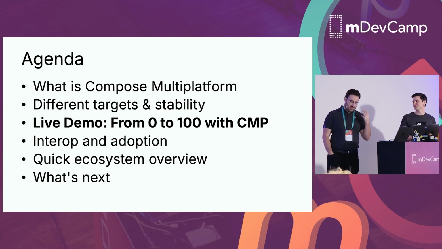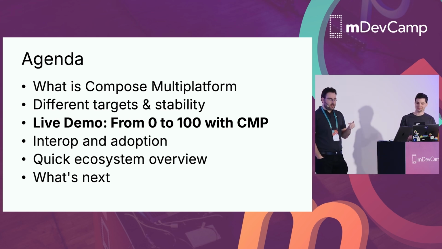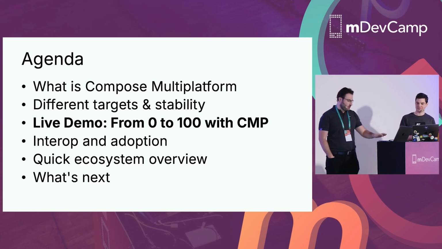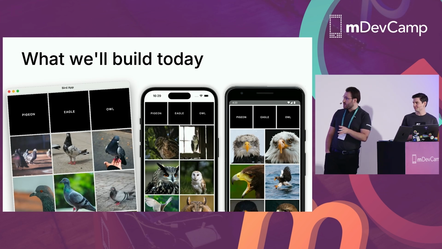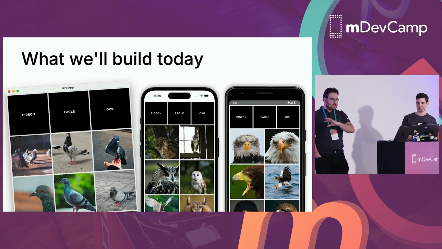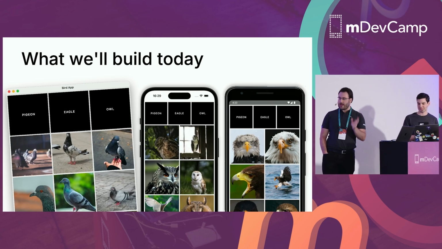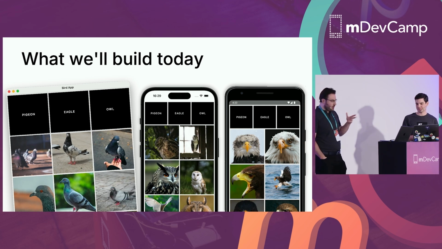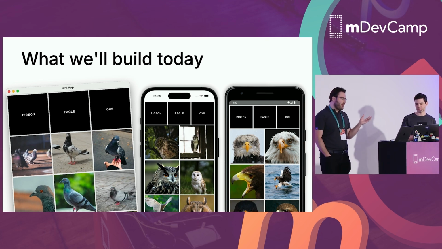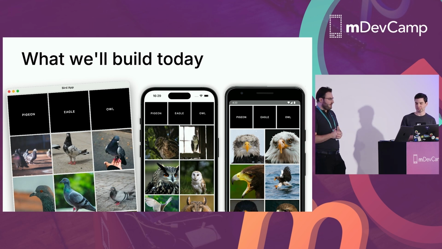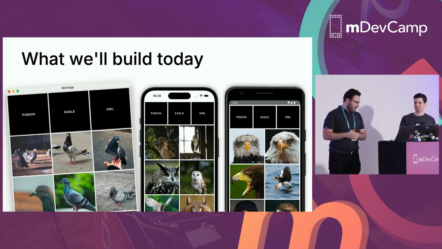We will take a look at the ecosystem and what that looks like, and hopefully get a bit of an outlook. And so by the end of this entire talk, we will have built a very small, simple app that runs on desktop, on Android, iOS, and potentially even beyond. That'll just consume some data from an API, in this case, a couple of images. We'll show it and it will allow us to navigate between different categories. But before that, it's probably good that we really see what we're even building on here.